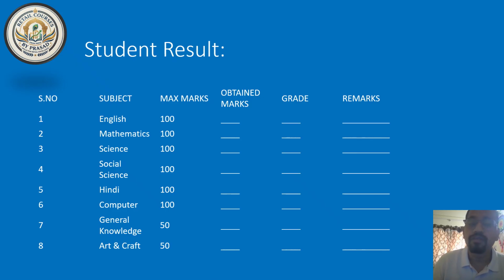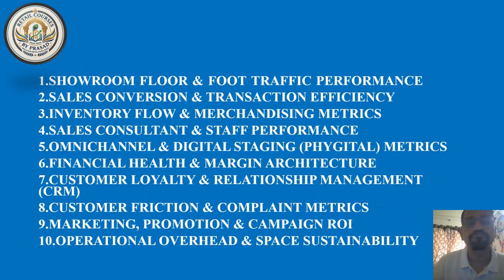The same way, if a student is very good in English and gets 90% marks, but is very poor in computer and general knowledge, then he will fail. Similarly, if your store is doing very good sales and you have very good stock, but your employees are not good, your location is not good, and your operational activities are not good, then you are not doing good retail business.